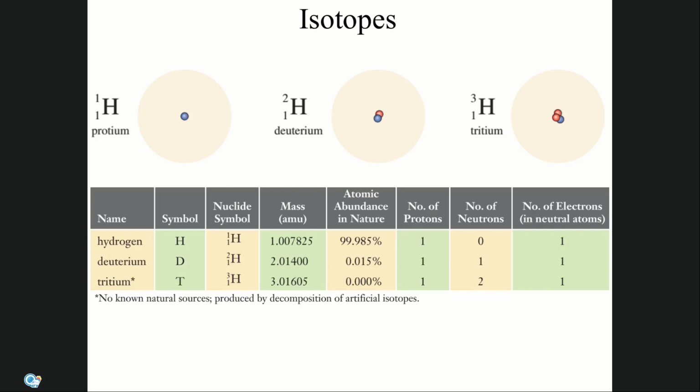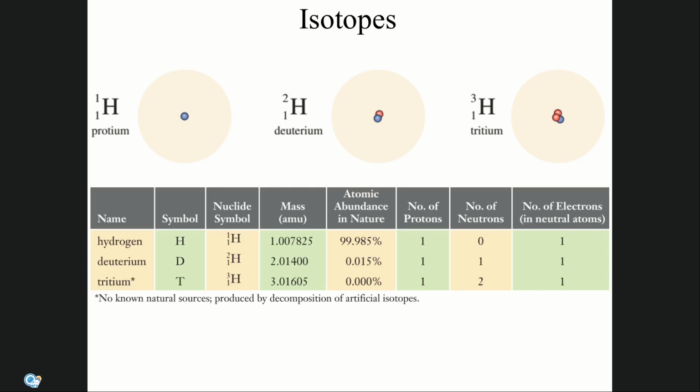Deuterium has one proton and one neutron, and tritium has one proton and two neutrons. Thus, to represent the isotopes of hydrogen, you write H with 1,1; 1,2; and 1,3. They indicate the mass number.